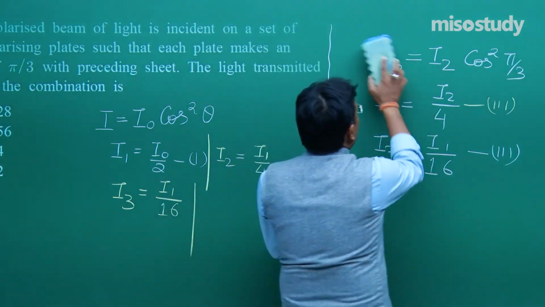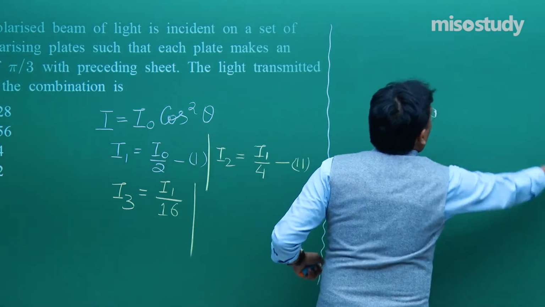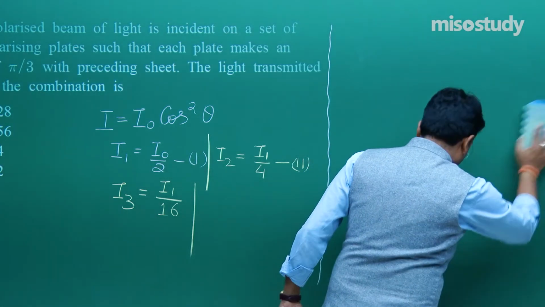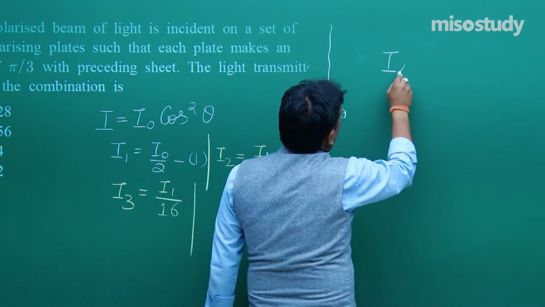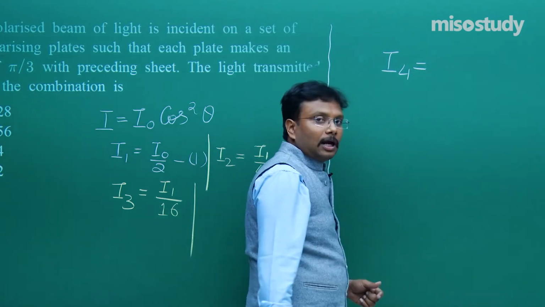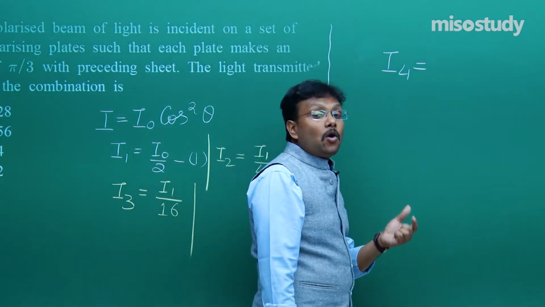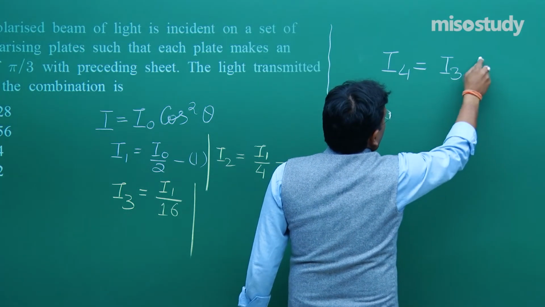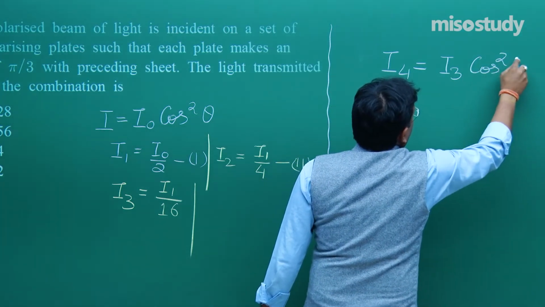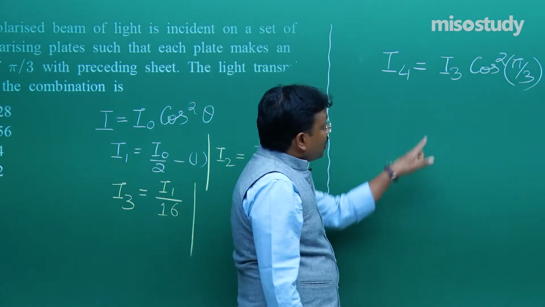Now what about I4 in similar fashion? Fine. So let us try to find out the value of I4. That is I4 is equal to I3 cos square pi by 3. Fine. So what you will get?